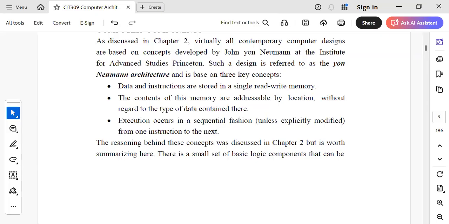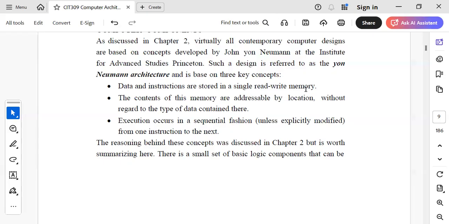He did his design based on three concepts. The first is that his design works on the principle that data and instructions are stored in a single read-write memory.